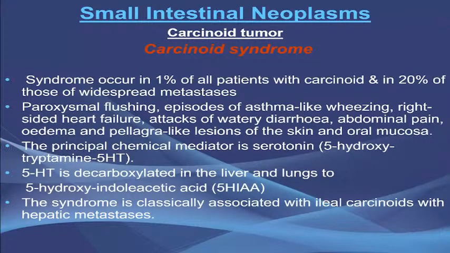So carcinoid tumors may present with carcinoid syndrome if they are secretory. The syndrome occurs in about 1% of all patients with carcinoid, so it's not uniform, and in 20% of those with widespread metastases.